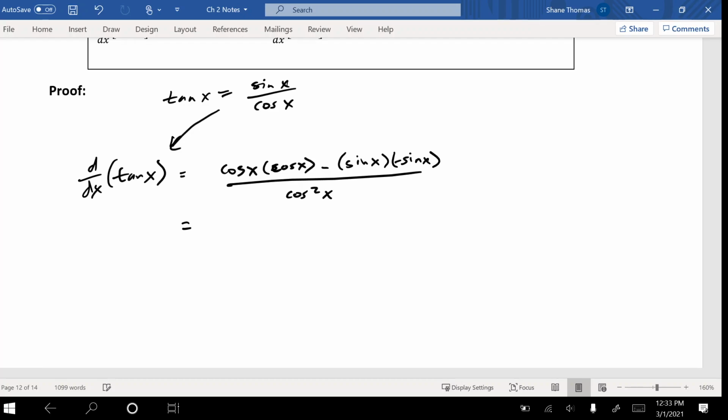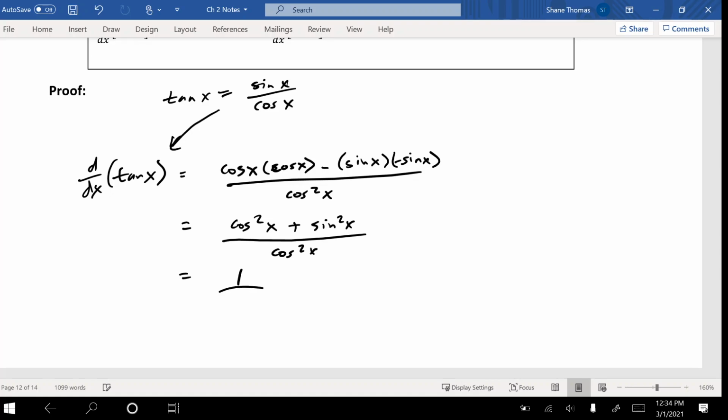All right, do a little simplification. So cosine squared of x plus sine squared of x over cosine squared of x. Now, cosine squared of x plus sine squared of x, what's that equal to? Remember that one? It's the Pythagorean identity.